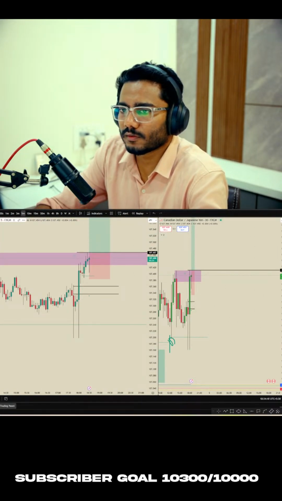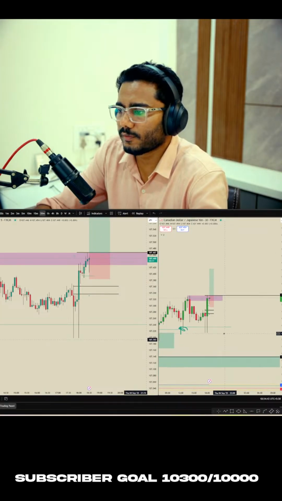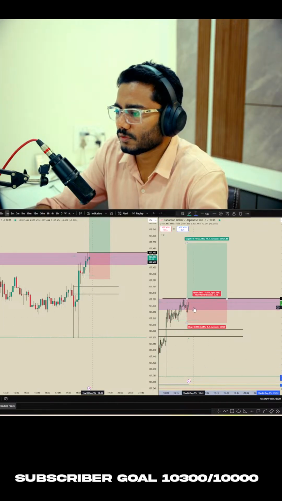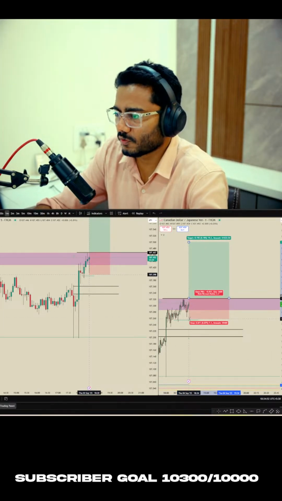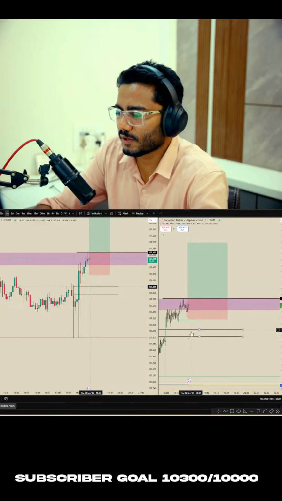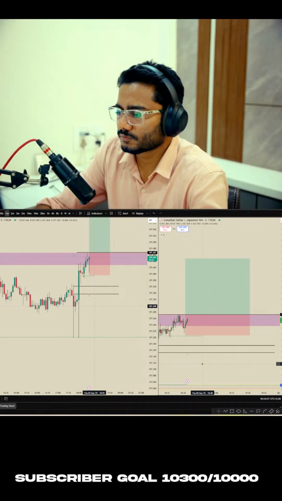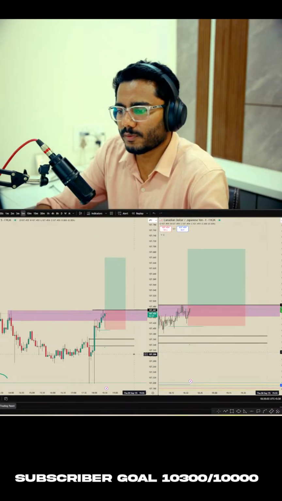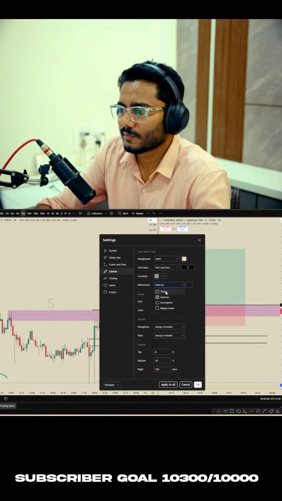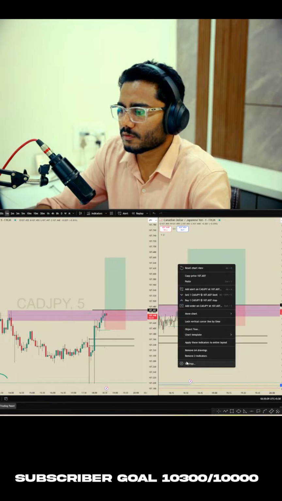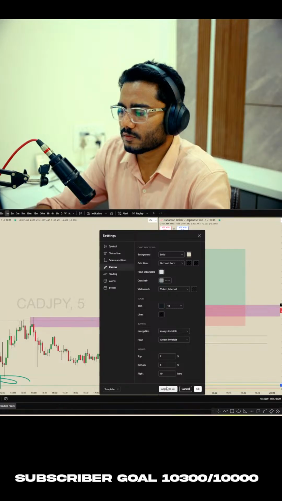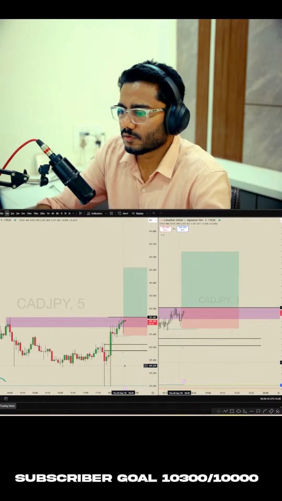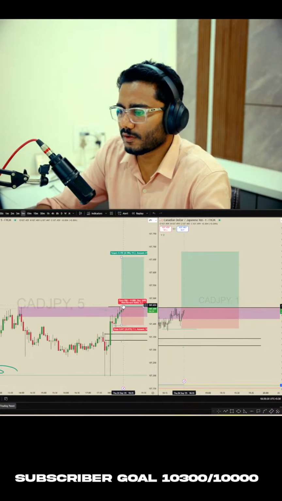Okay, the breakout is coming in on CADJPY, coming to the upside. If this breaks, we'll put our stop loss below this low. The momentum should be like this only. If you look at 5 minutes, price took out the previous liquidity and it should break.